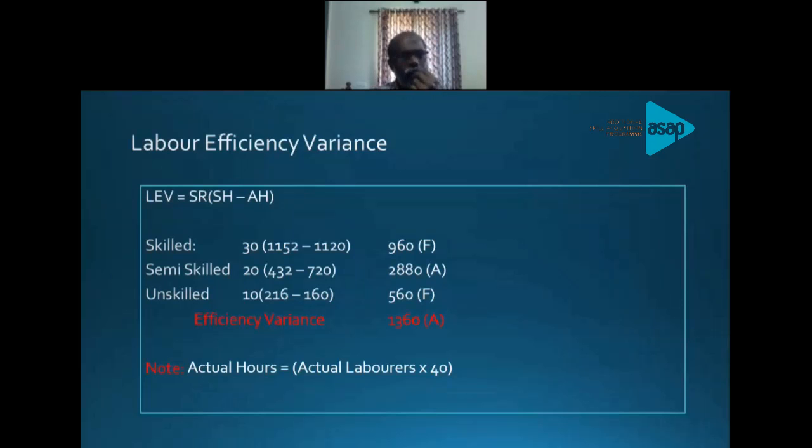You are very familiar with the standard rates: skilled 30, semi-skilled 20 and unskilled 10. 1,152, 432, 216. We can have a look at where we got them from.